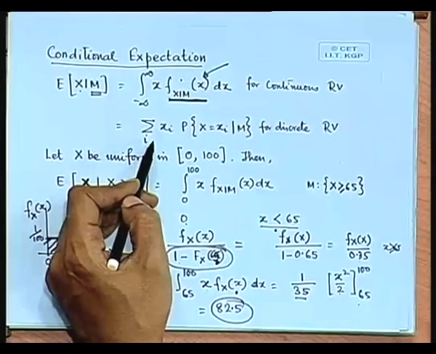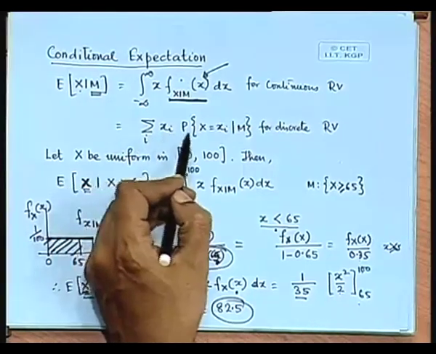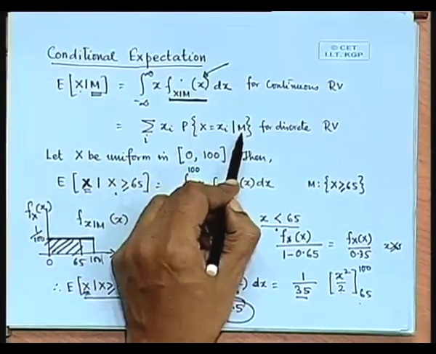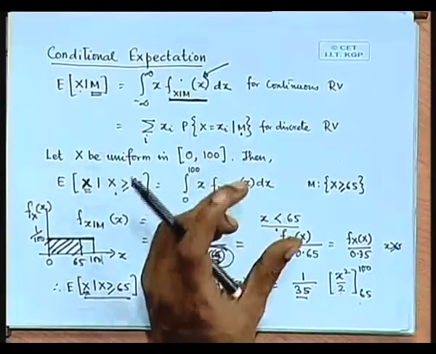For a discrete random variable, it is going to be xi times the probability that x equals xi given m. So, always we are going to consider that fact m, which is the condition given.